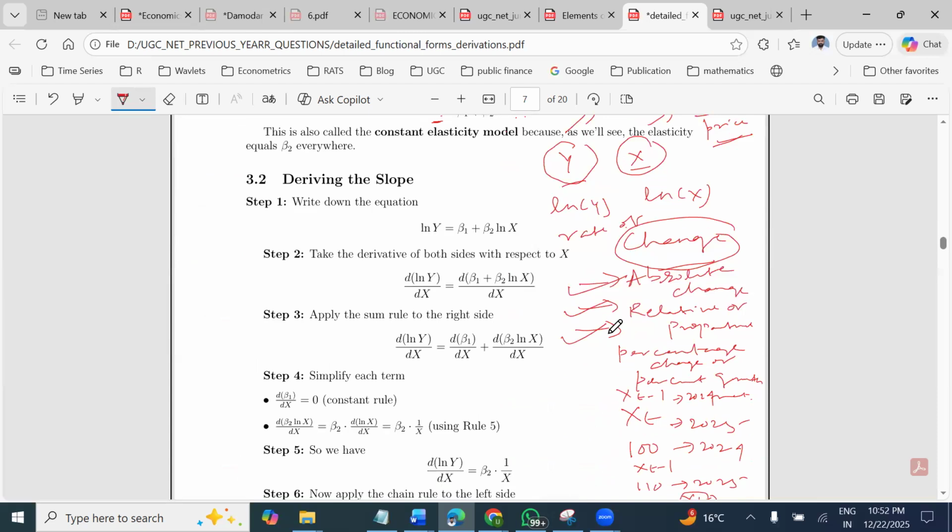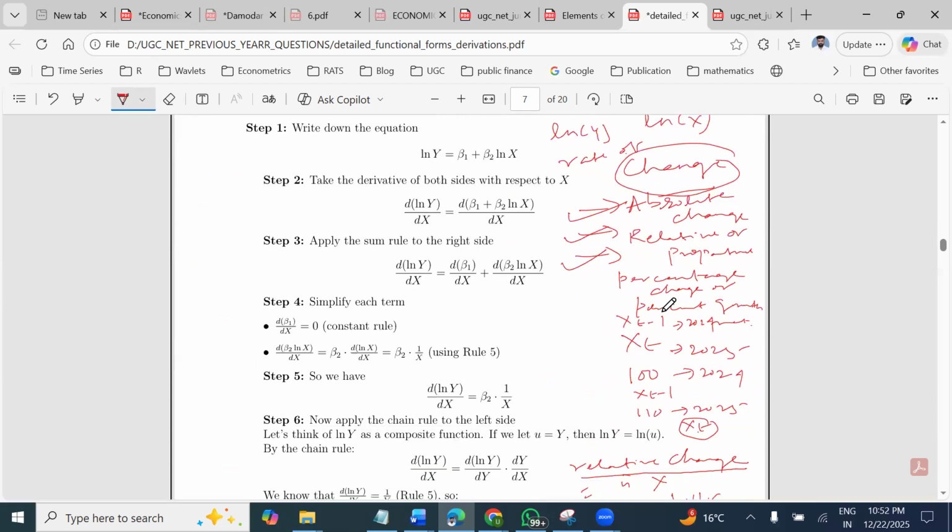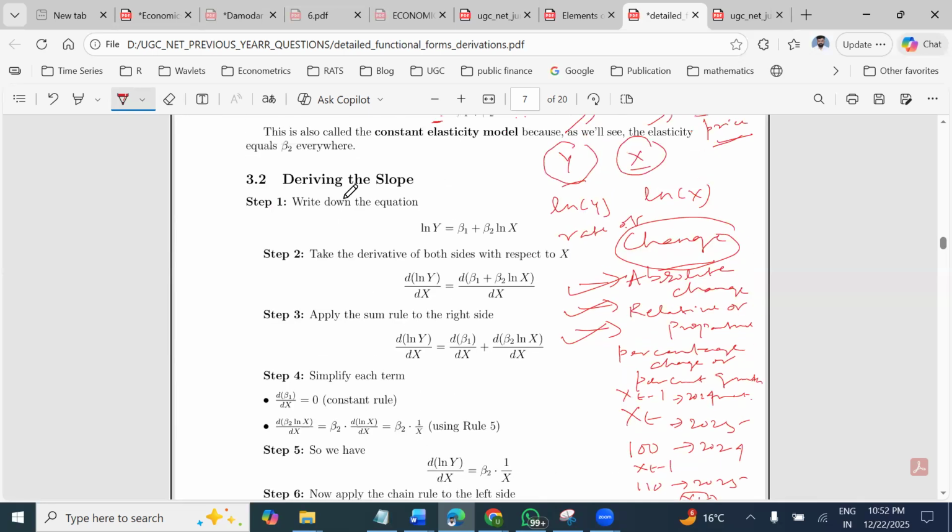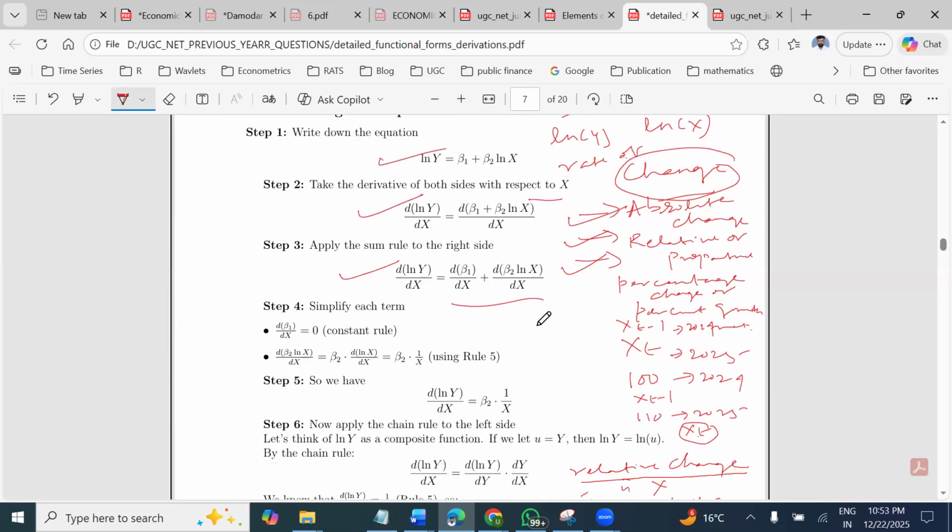Yes, sir. Okay. Now, as we have done the groundwork, now our job is to move on. So how will we derive the slope over here? First you take the derivative similar to earlier. Okay? Clear? Is it fine?